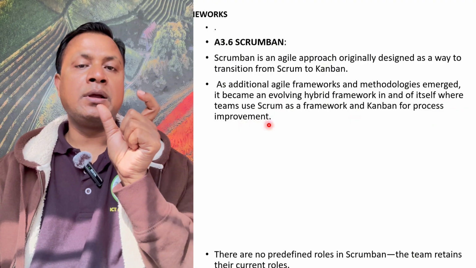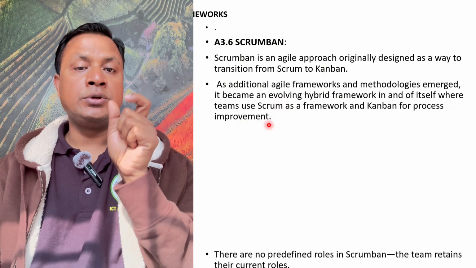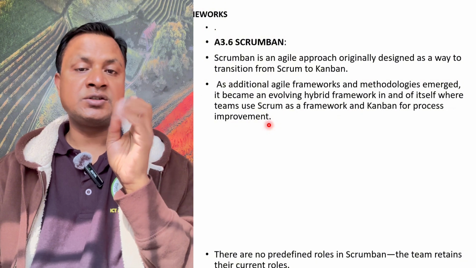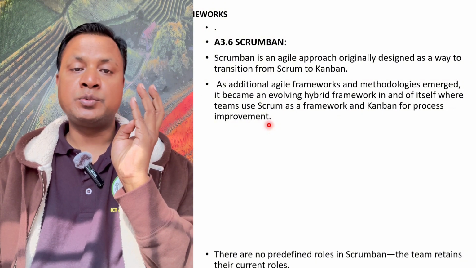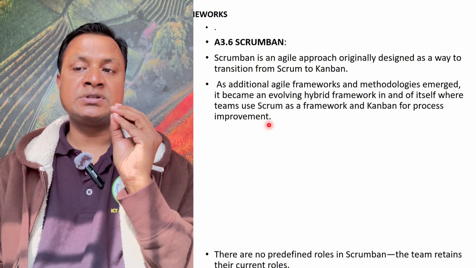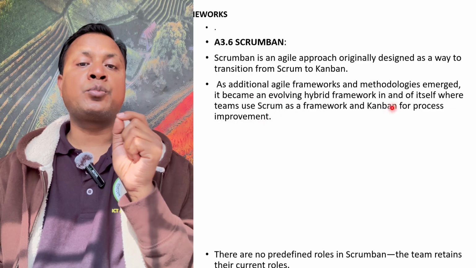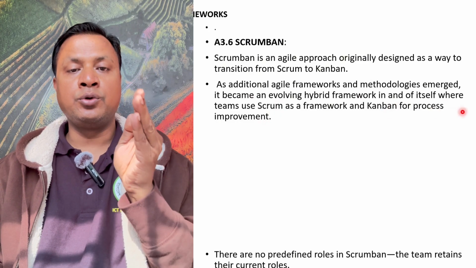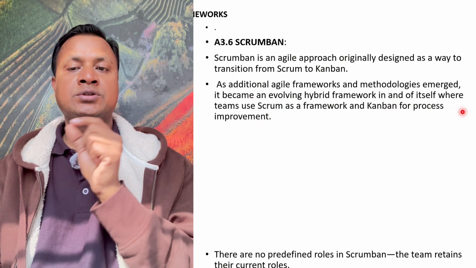So Scrum will be the framework. You will be using Scrum practices, sprint review, sprint retrospective, all these, but you will be following a Kanban process. Like a Kanban board, you will be going step by step, work in process.